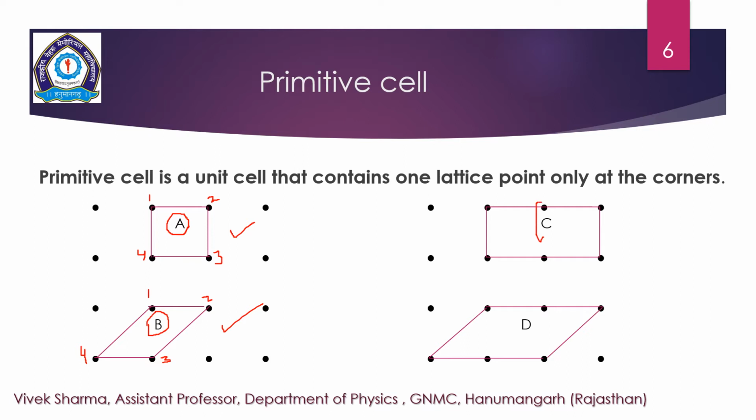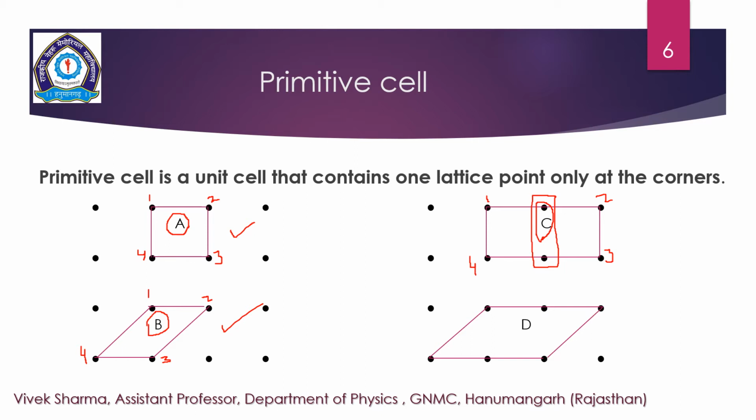Like structure C, if we name the corners 1, 2, 3 and 4, again four atoms are there, but two additional atoms are also there, between 1 and 2 and between 3 and 4. So these two atoms do not exist at the corners.